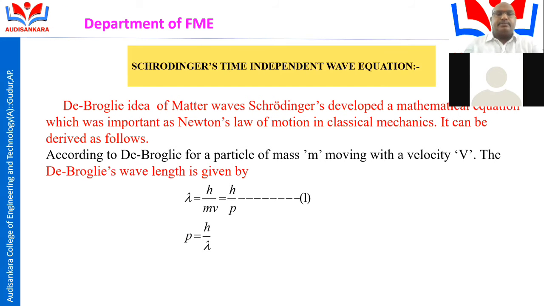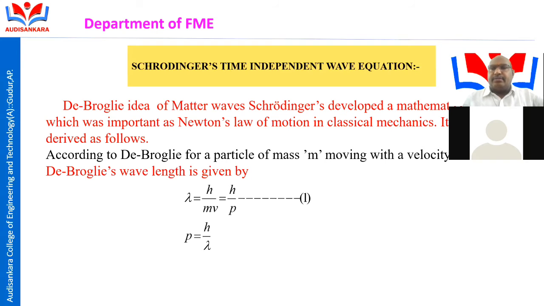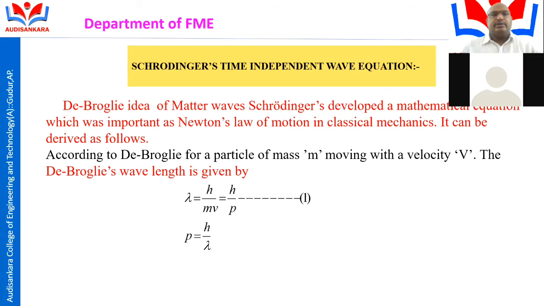Unit 2: Principles of Quantum Mechanics. Schrödinger's time independent equation. In Schrödinger's time independent wave equation, del square psi plus 8 pi square m by h square (E minus V) into psi is equal to 0.